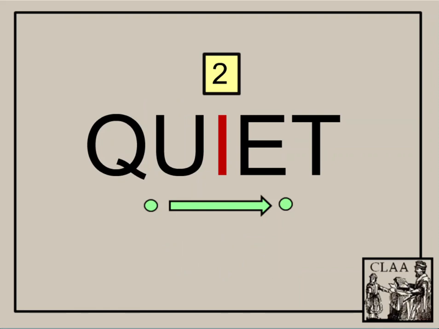Here we have another irregular word. If we looked at this word, we might think that the letters I, E formed the digraph I-E. The digraph I-E is read with the sound E. If we followed that rule for reading this word, we would read this word like queet, queet, queet.